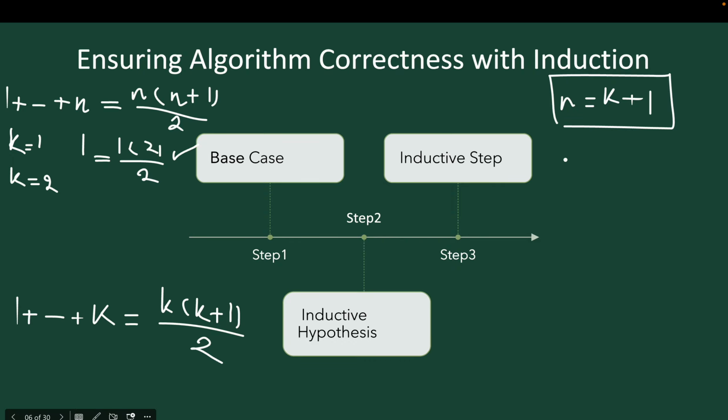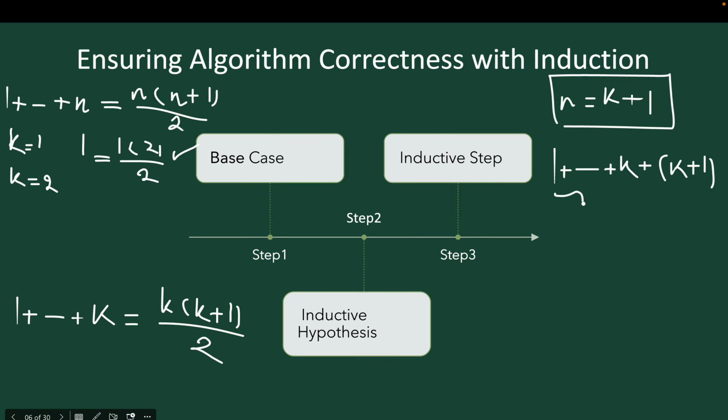And it's very easy. You must just show that the sum of numbers between 1 and k plus 1 is equal to the right side. Just write the sum of 1 until k, plus k plus 1.